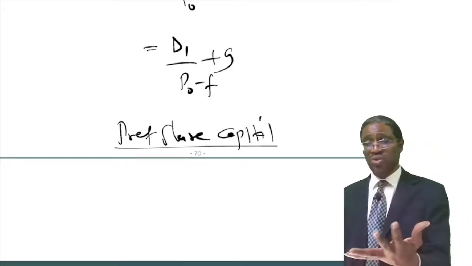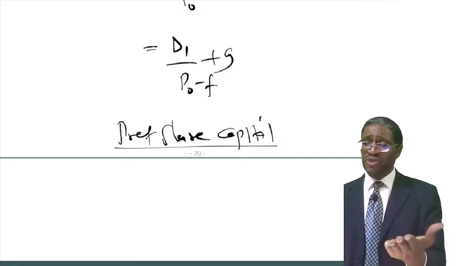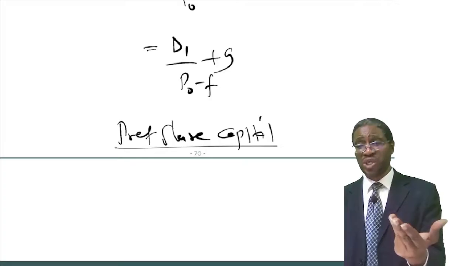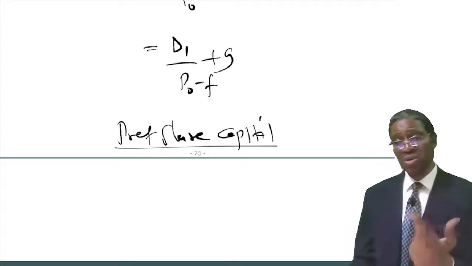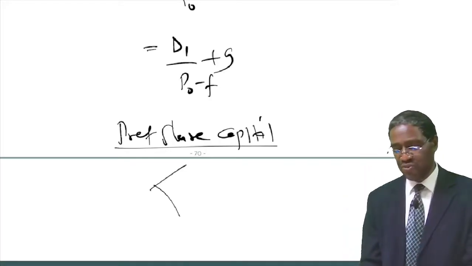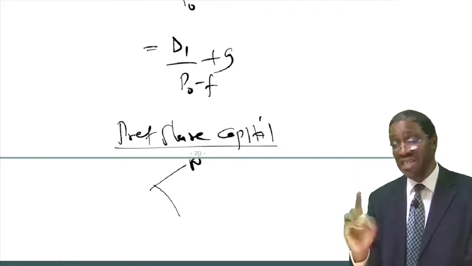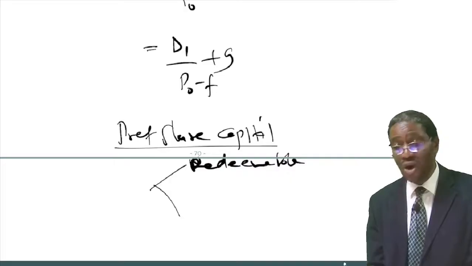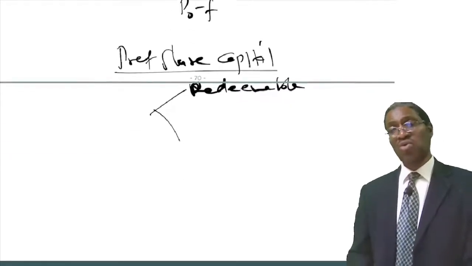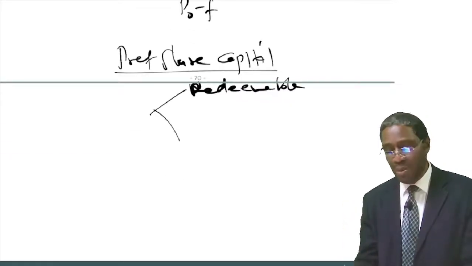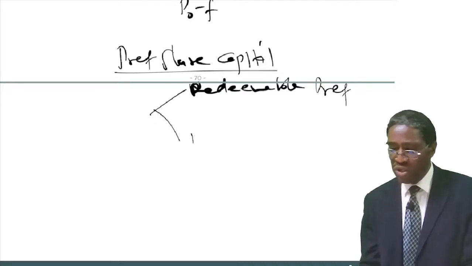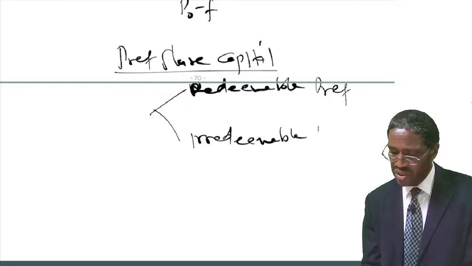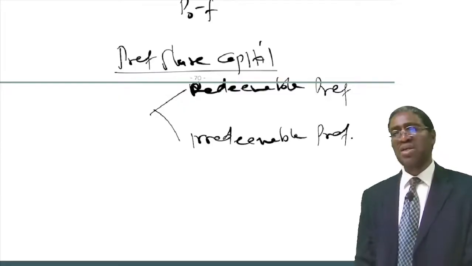What I just want you to know is that when it comes to preference share capital, you either have redeemable preference shares or non-redeemable preference shares. We have two types of preference shares. How to compute their cost depends on whether you are dealing with a redeemable preference or irredeemable preference shares. That's what we shall discuss next time.